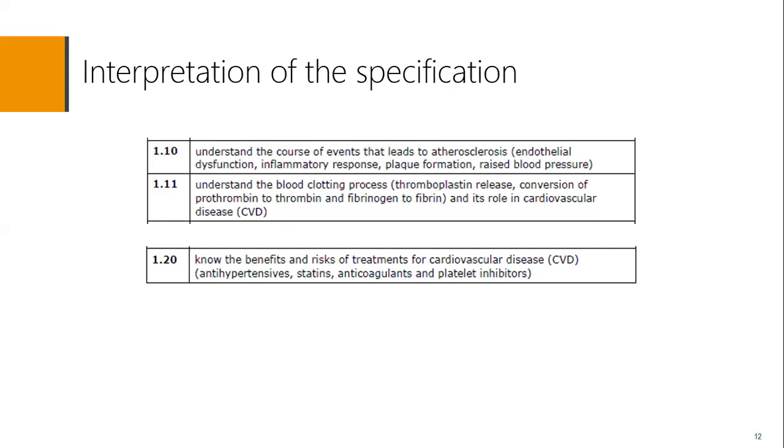These are 2 specification points taken from topic 1. We've got: understand the course of events that leads to arteriosclerosis, endothelial dysfunction, inflammatory response, plaque formation, raised blood pressure, and then understand the blood clotting process, thromboplastin release, conversion of prothrombin to thrombin and fibrinogen to fibrin, and its role in cardiovascular disease.